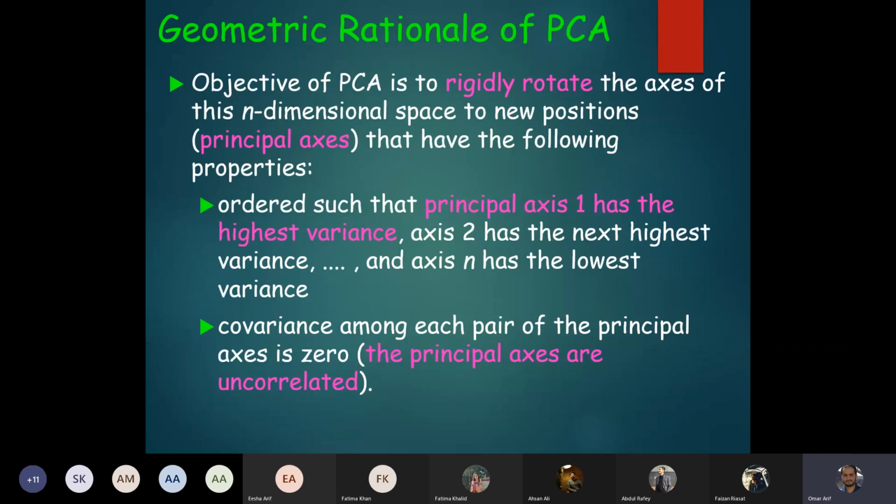The second characteristic of the principal components is that the covariance between each pair of principal components is 0. Okay.